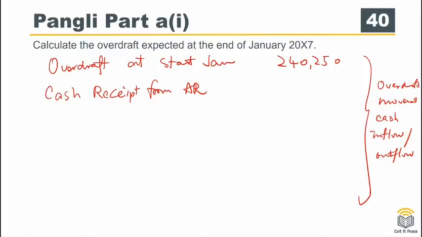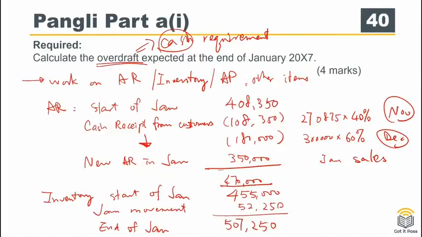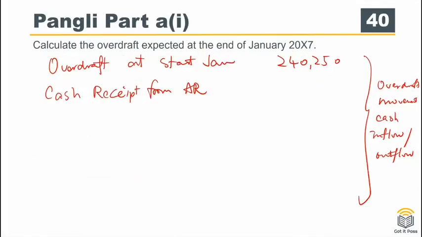Yes. You check what we did: you get the cash received on these two amounts, which is 108,350 and also 180,000. These two amounts summed together are 288,350, the cash receipts from AR.